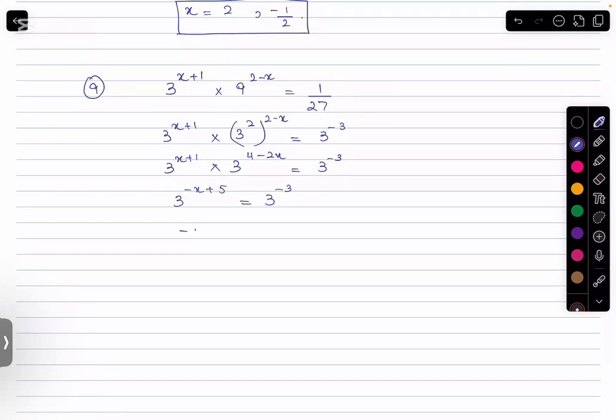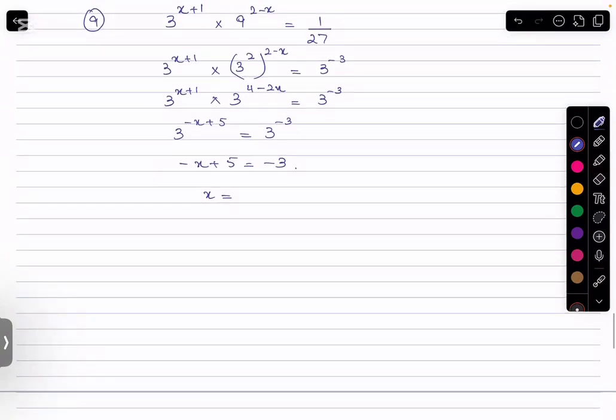Now equate the powers. So minus x plus 5 is equal to minus 3. So what is going to be the x value? Minus 3? No, sorry, 8. Yeah, I'm getting 8.